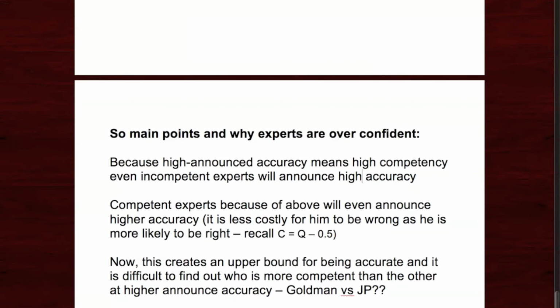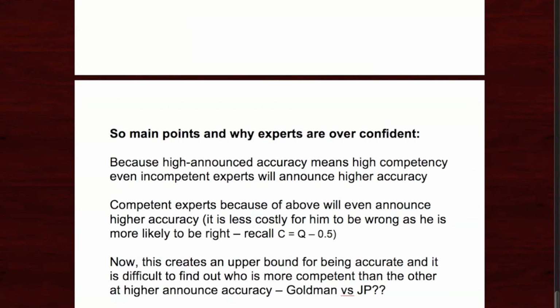The reason is that they want the market to believe they're competent. Competent experts, because of the above, will announce even higher accuracy, because it is less costly for them to be wrong, as they are more likely to be right. Because of the cost function, he's likely to be right, so he can take on more risk and announce with even higher accuracy.